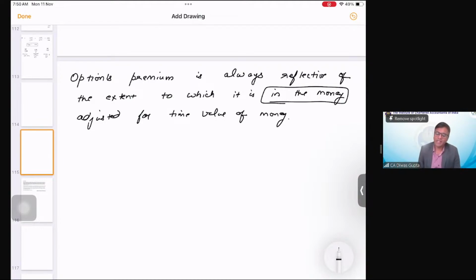So what we are saying is options premium is always reflective. I'm not saying that it is always equal. What we are saying is it is always reflective. If the extent to which it is in the money goes up, the value of the option will also go up, right? So it always is reflective of the extent to which the option is in the money.